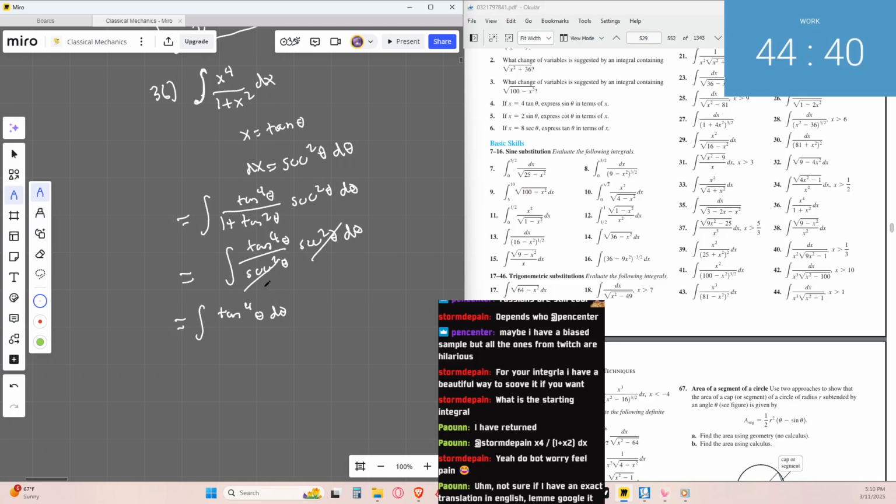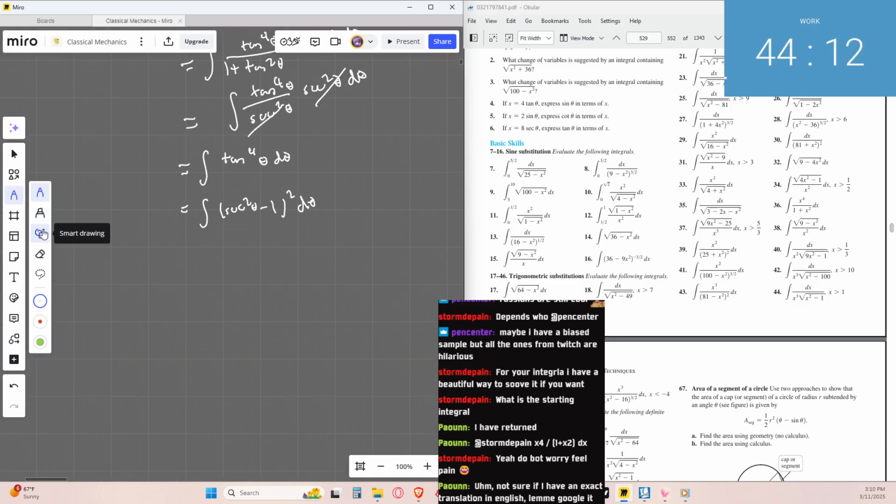Okay. So we cross those out. We're left with sine to the fourth, meaning, we can write it like this. I hope I don't make it more complicated than it already is. Yeah, because then they would multiply together, so it's 2.